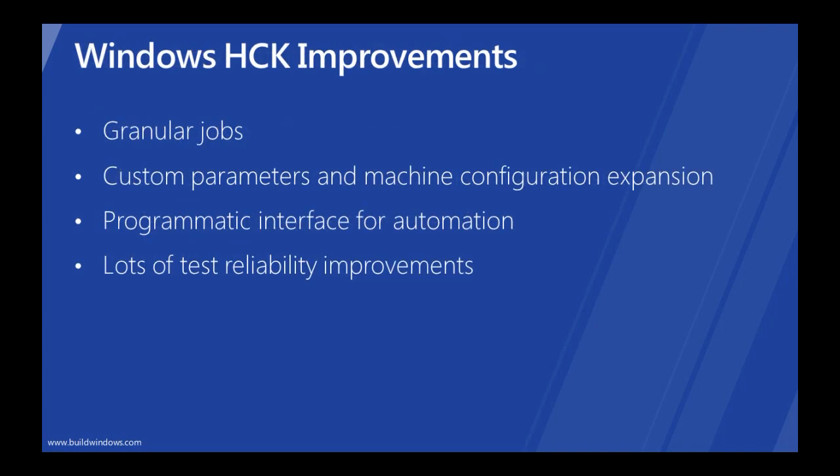The most important thing that we improved in the Windows HDK is that we're breaking out all of our jobs into more granular versions. You noticed in the demo that the NDIS test 6.0 and 6.5 jobs were broken out into the individual test scripts. This is really beneficial, we've heard from customers, in order to reduce rerun time when an individual failure happens.